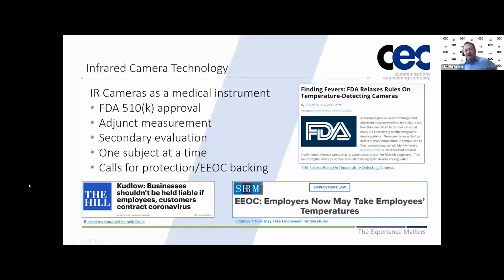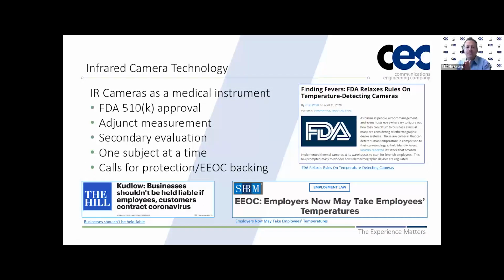So moving on a little bit here into some of the governing bodies, you always have to consider the FDA. The FDA, Food and Drug Administration, governs all medical instruments. Now, in the previous uses of these IR cameras, they weren't really medical instruments, so the FDA didn't have much governance or say in the matter.